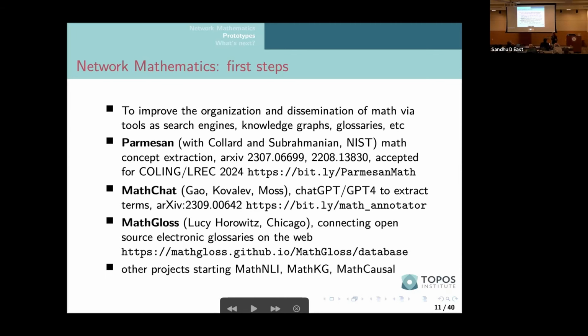Lots of mathematicians like to program and put things out on the web for other people to play with. Lucy has just finished her undergrad in mathematics in Chicago. What we're trying to do is connect some of this open source electronic material, in our case glossaries, but in general, databases of mathematics. And there are lots of other projects that we are starting now, but I will talk to you about that later if we get there.